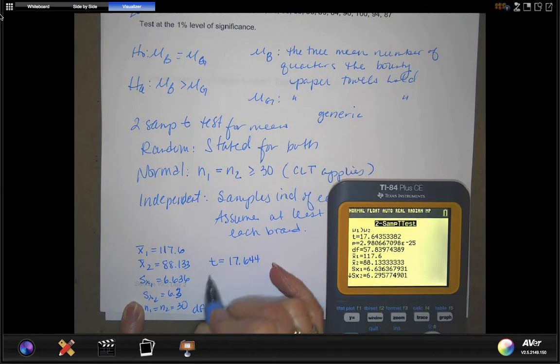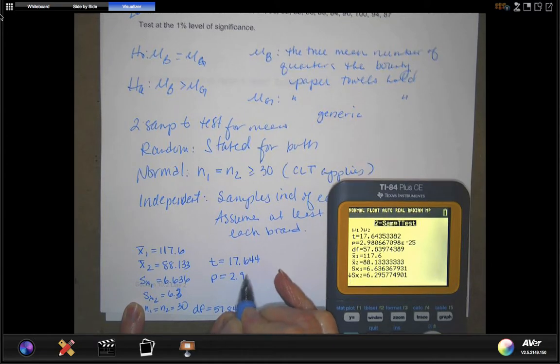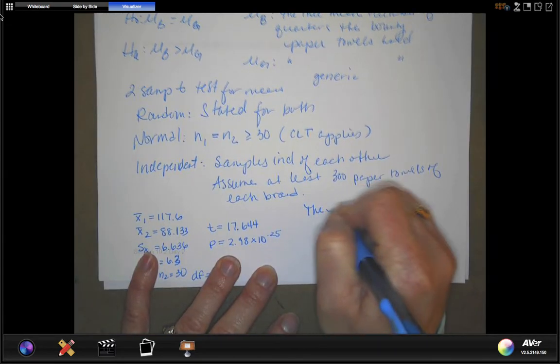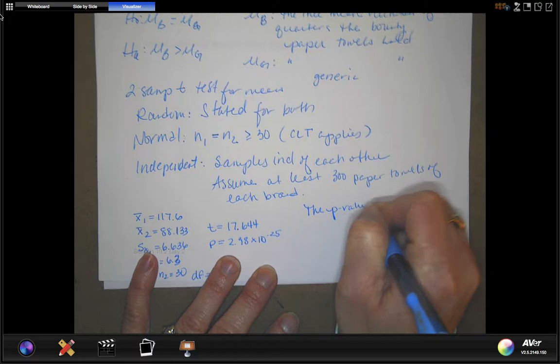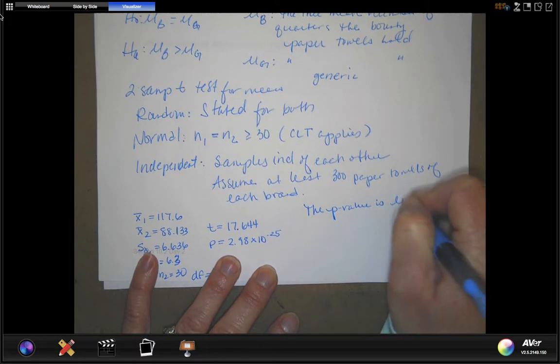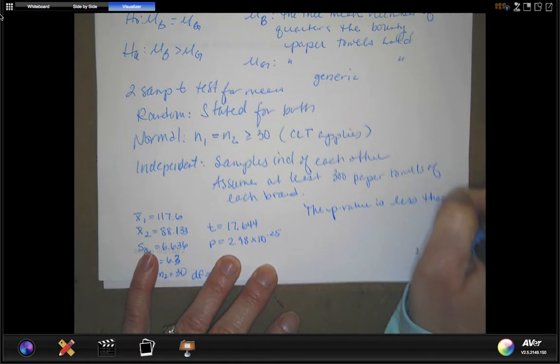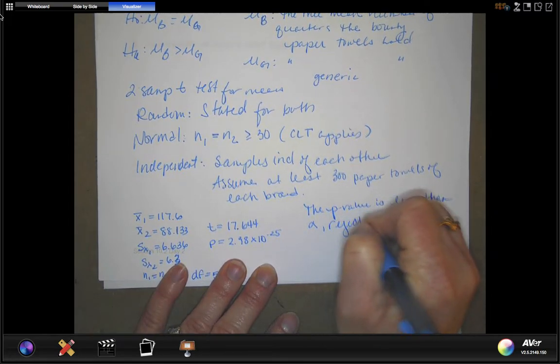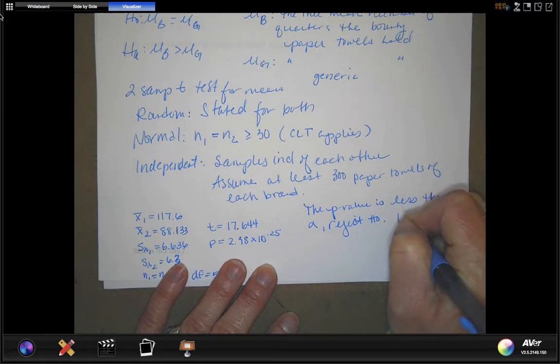Here's my test statistic. Here's my p-value. Extremely tiny here. So the p-value is less than alpha. If I'm less than alpha, I reject H0.